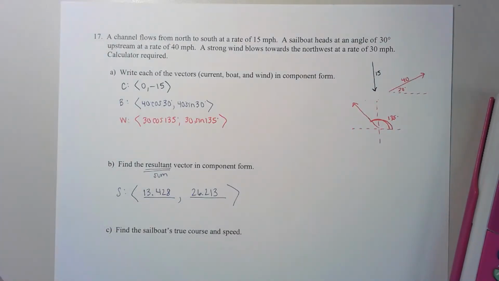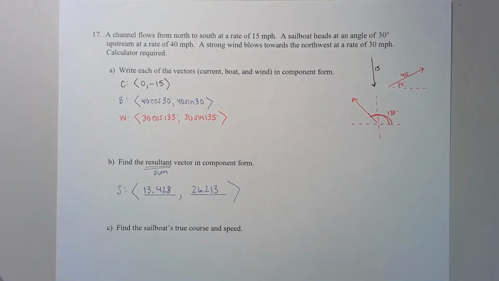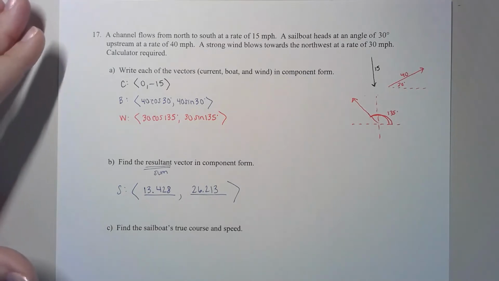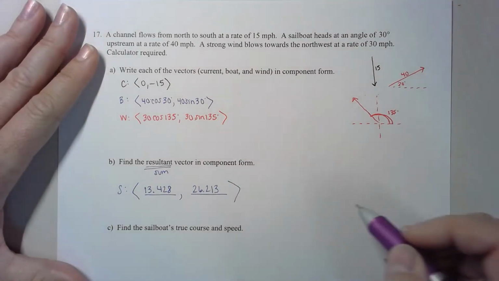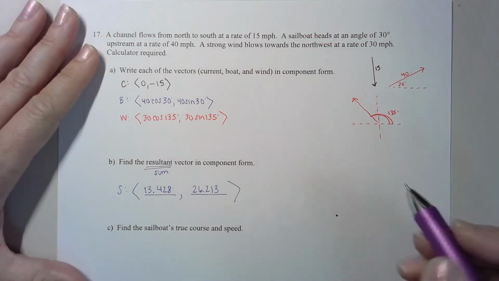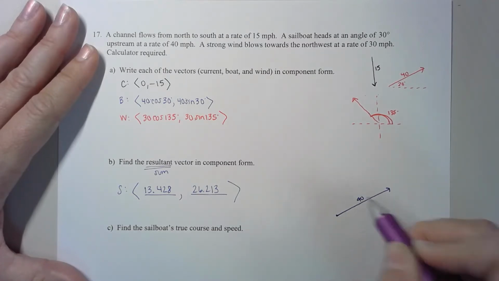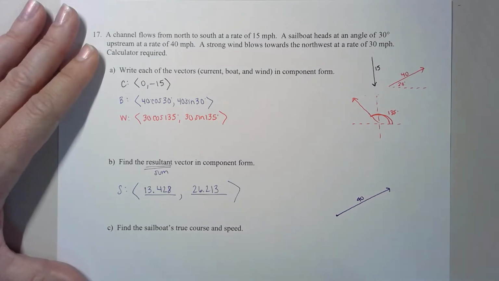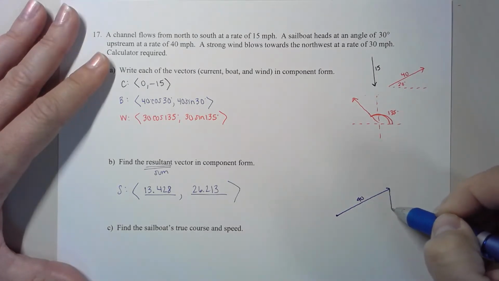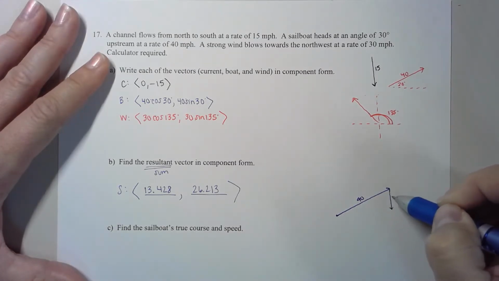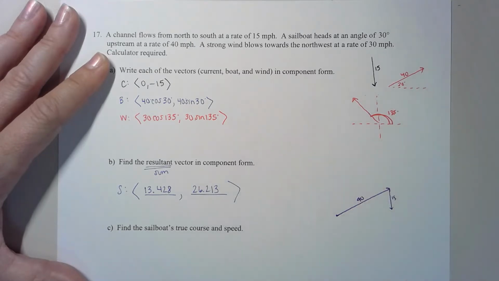Okay. And you know, to be honest, I really should have drawn this picture completely as to what's going on. So I'm going to draw it right here. So we've got this boat going like this, 40 miles per hour. We've got the current dragging it straight down, 15 miles per hour.